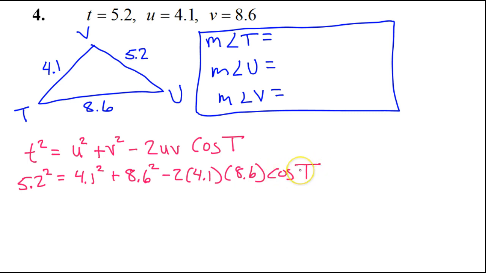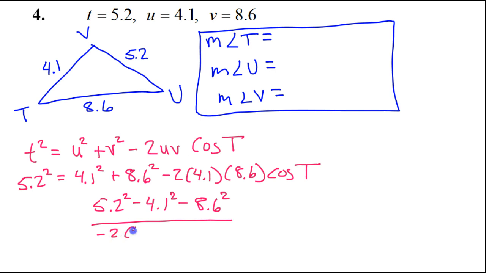of angle T. So I need to get cosine T by itself. I will start by subtracting these 2 terms from both sides. So that's going to give me 5.2 squared minus 4.1 squared minus 8.6 squared. Once these are gone, I still need to divide by everything in front of cosine T. So I need to divide all of this by negative 2 times 4.1 times 8.6.